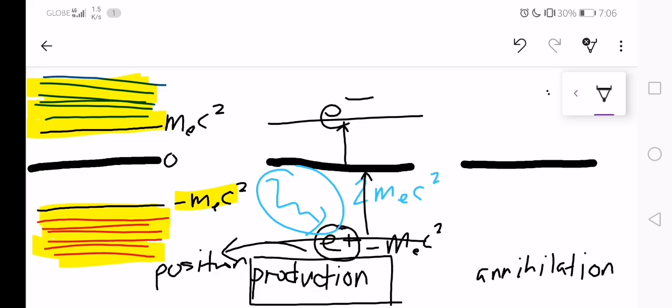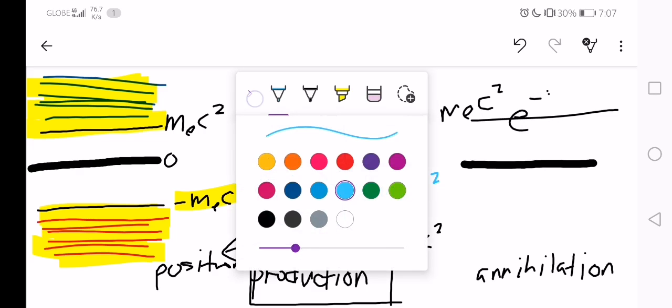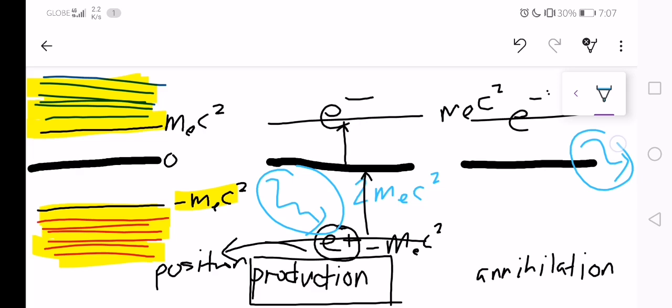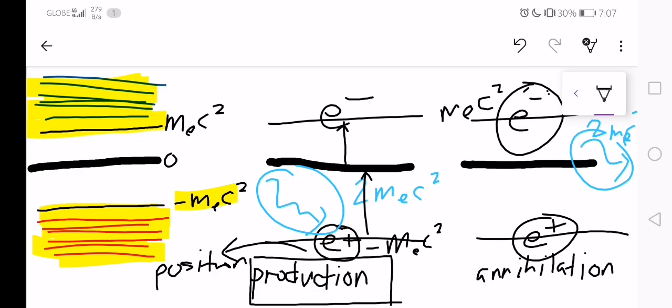On the other hand, if you have an electron sitting here with an energy of its rest mass energy, m_e c squared, or in other words, a free electron, and it gives off energy with the same amount as 2 m_e c squared, it will go back to its original state, and the two particles will be annihilated.